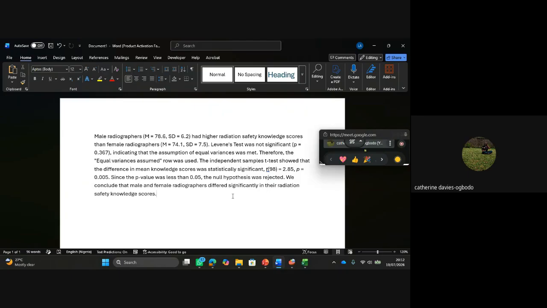If we do this test and the interpretation, we would end up saying that since the p-value is less than the level of significance, the null hypothesis was rejected, and we conclude that radiographers who received radiation safety training differed in their knowledge scores from those who did not.